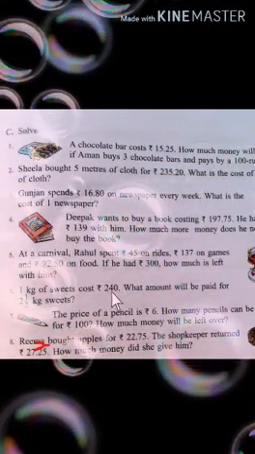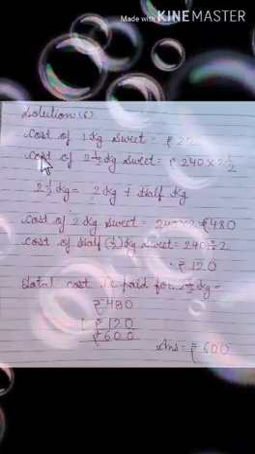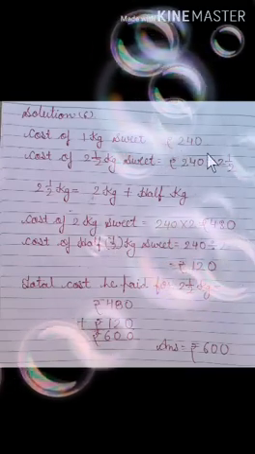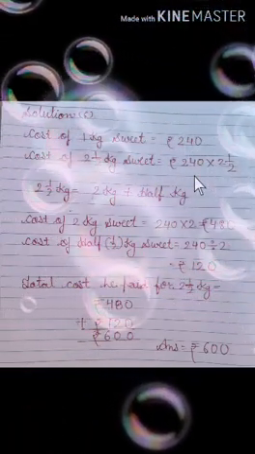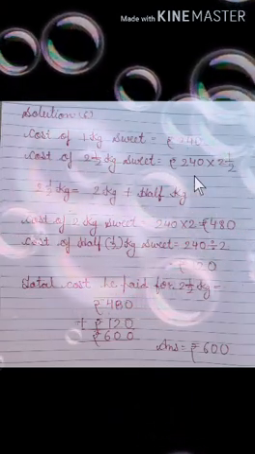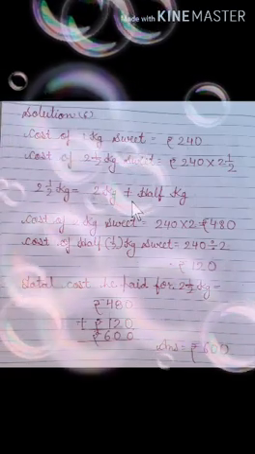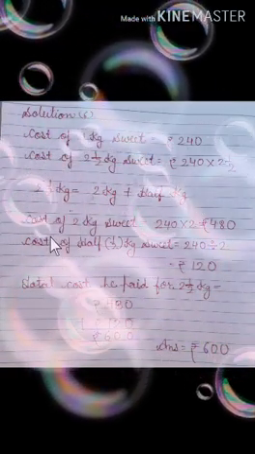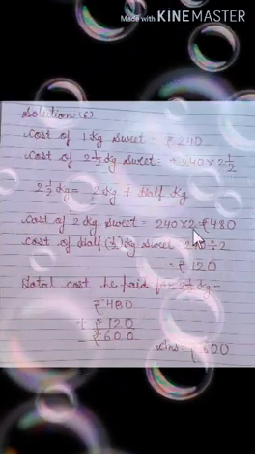So how will you do it? Check. Look at this. You can make the statement. Cost of 1 kg sweet rupees 240. Cost of 2.5 kg sweet rupees 240 multiplied by 2.5. But 2.5 you solve like that. Split that number: 2 kg plus half kg. First you find out the 2 kg sweet cost. So 240 multiplied by 2, then rupees 480.